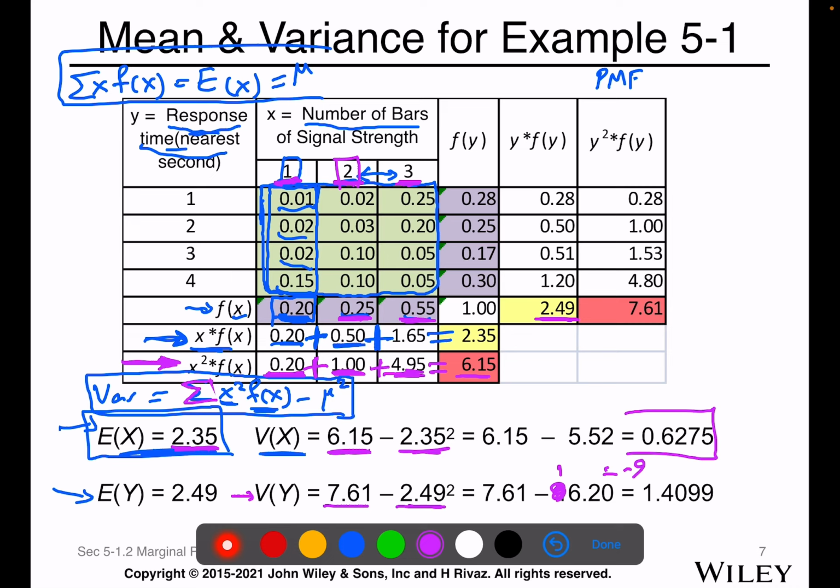The proof is very simple, and if you like math, I encourage you to try it. It's a simple inequality that says sigma x squared f of x is always more than or equal to mean to the power 2, meaning this term is always more than or equal to this term.